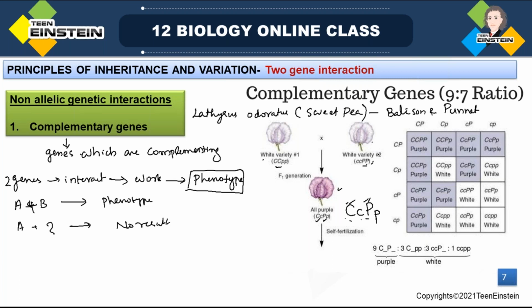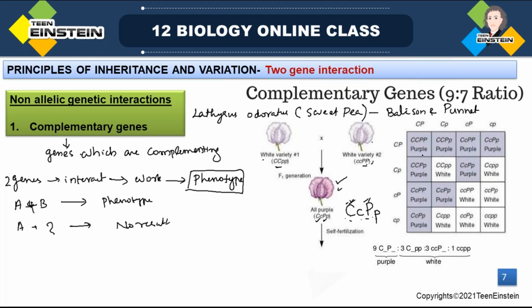When this white is crossed with another white with another dominant allele, these crosses form F1 in heterozygous condition. In the heterozygous condition, both alleles come together, the capital C and capital P. So both C and P dominant alleles come together, and that forms a purple color flower.